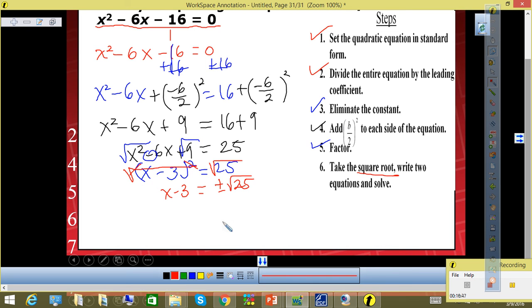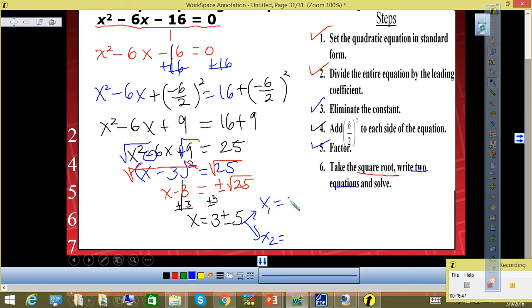We'll simplify it on the next step. So we need to leave x by itself. What do we do? Add 3 to both sides, and now we can simplify that radical. X equals 3 plus minus what? 5. And now we write our two equations, x sub 1 and x sub 2.